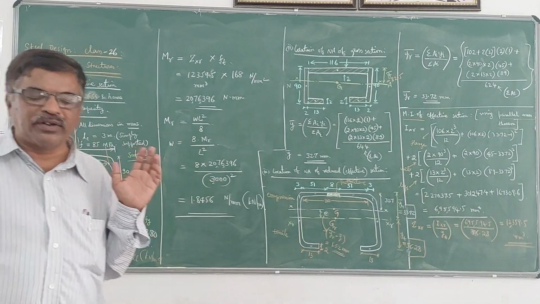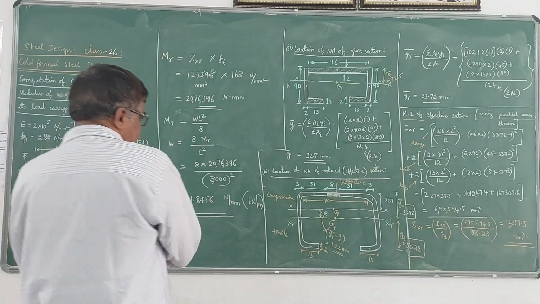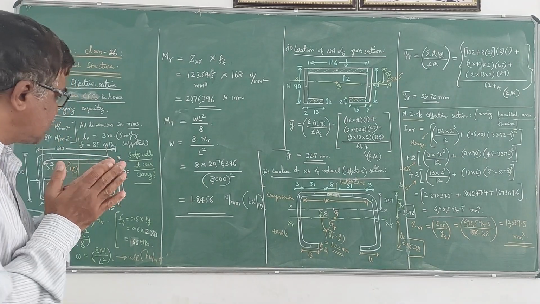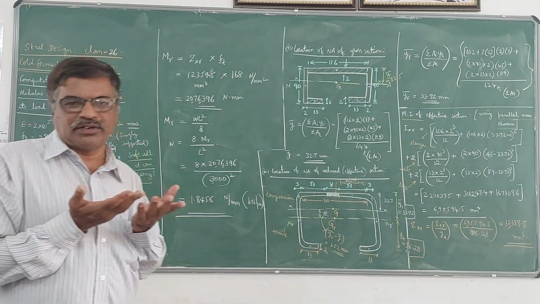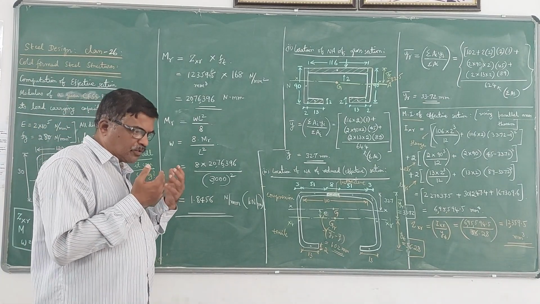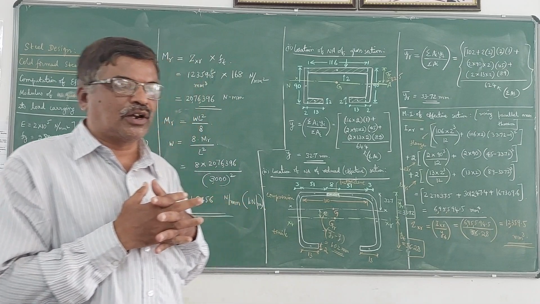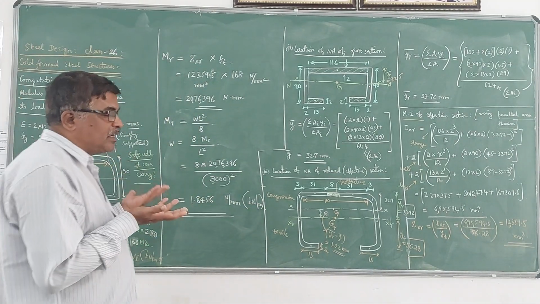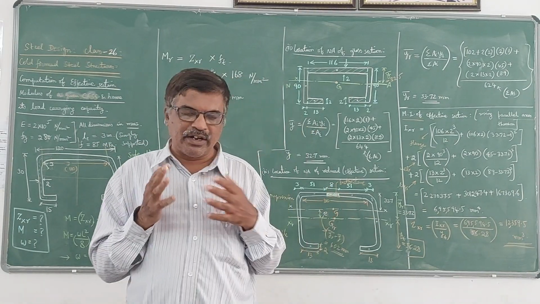You can observe here that whenever any cold formed steel section is given under a bending problem, the first thing you need to compute is the effective section dimensions, that is the effective width, and when that is multiplied by the thickness, you get the effective area. Then in the case of a bending problem, we need to compute the effective section modulus. Very important.